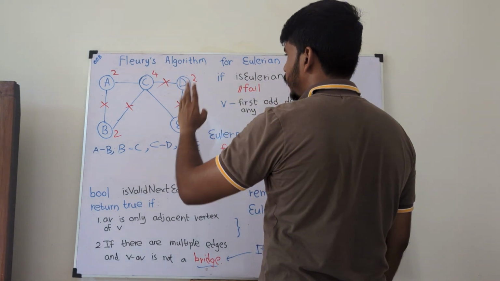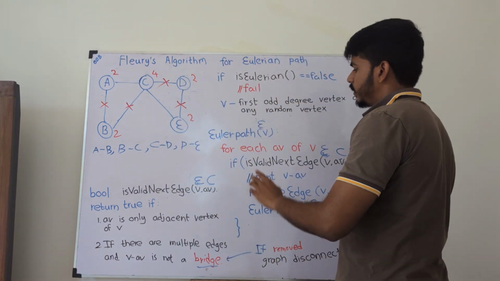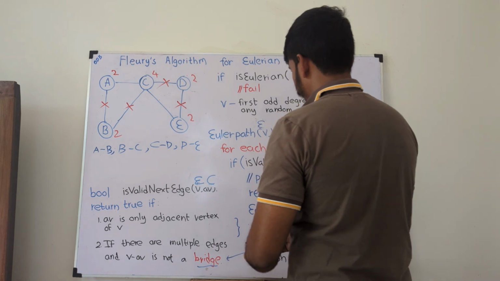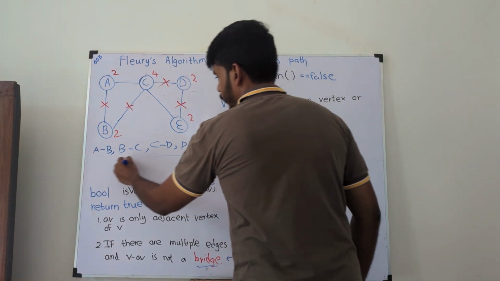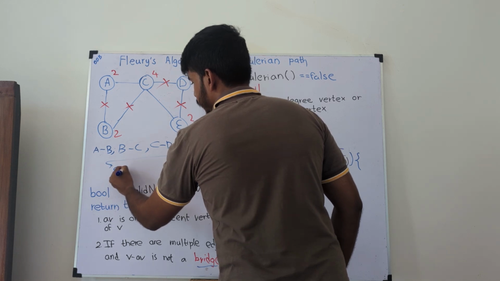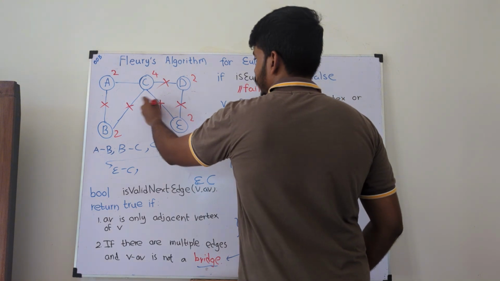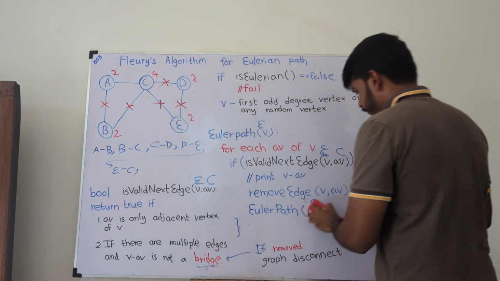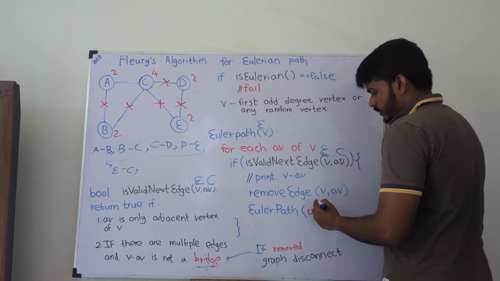So C is the only adjacent vertex of E. So this is going to return true. After returning true, we are going to print that edge. I'm going to print here E to C. Then we are going to remove that edge. Then for this function again, we are going to call C as the adjacent vertex.